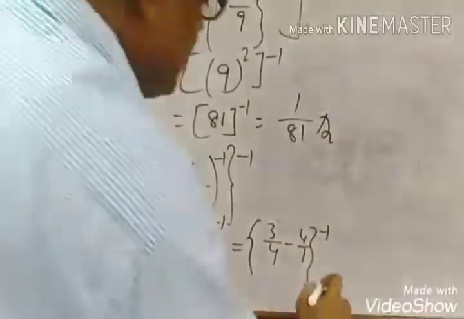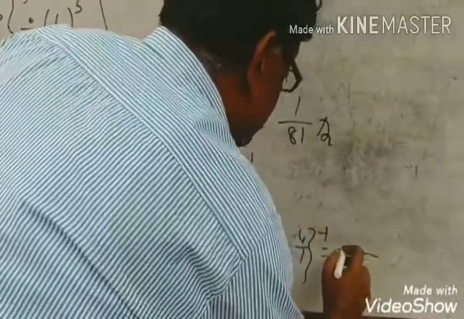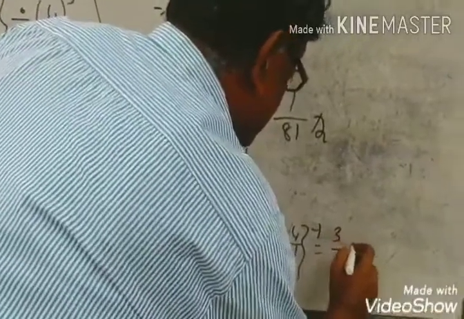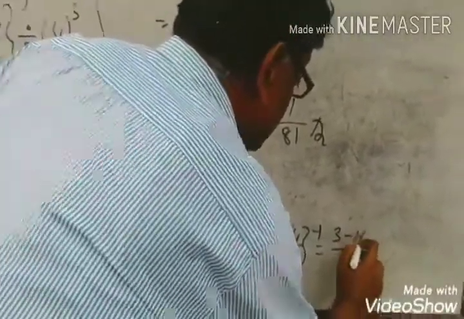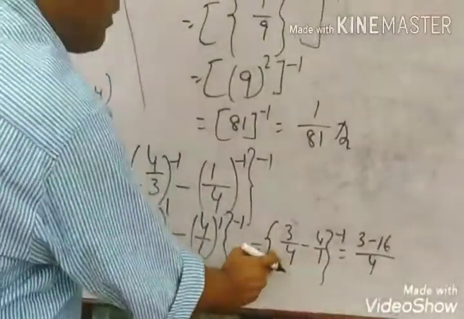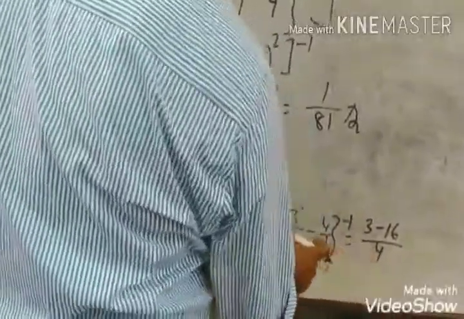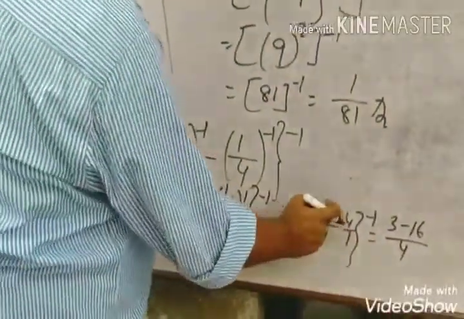Now the LCM is 4, that means 3 minus 16. 4 divided by 4 we get 1, 1 multiplied by 3 we get 3. 4 divided by 1 we get 4, 4 4 is 16.